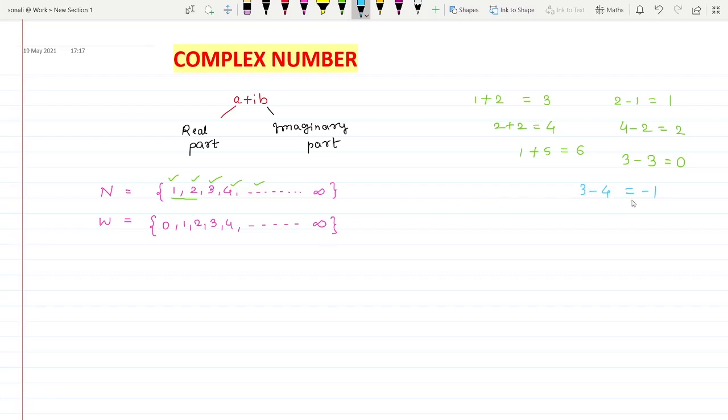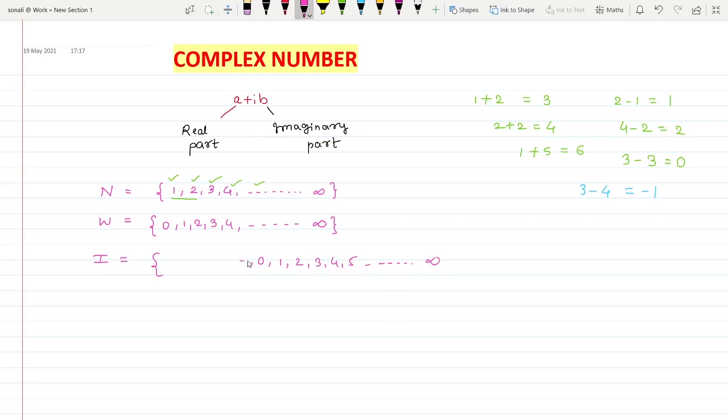So when we perform subtraction from a small number to a big number, we get a negative number, and a negative number does not belong to the set of whole numbers. So there comes the set of integers. The set of integers starts from 0, 1, 2, 3, 4, 5, goes on right to infinity.